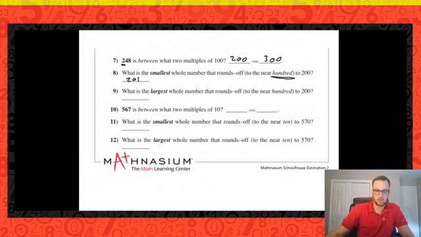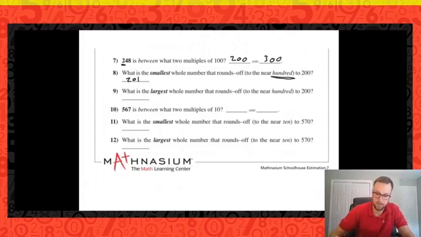And what's the largest whole number that rounds off to 200? So now we're looking at the largest number that would round to 200.